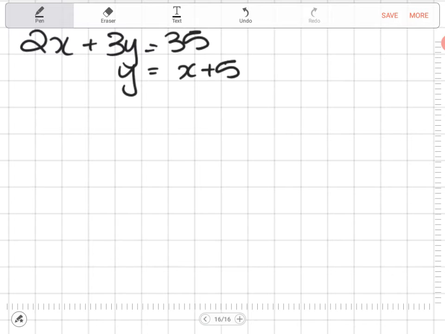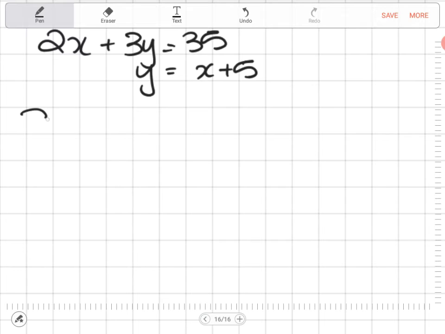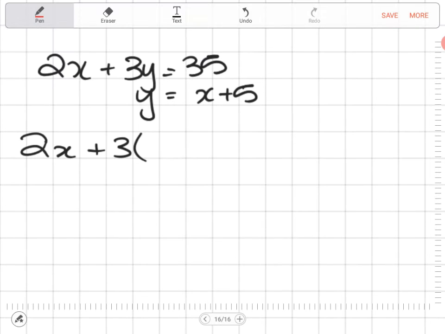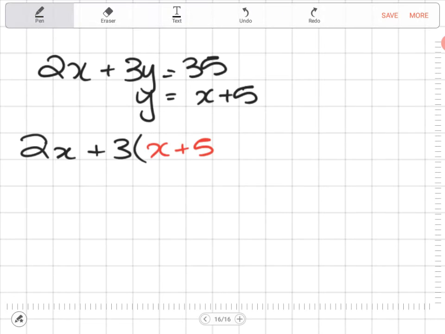So again we're going to substitute that y by x plus 5. So we're going to write down the equation as it normally would. So 2x plus 3, open bracket, replace the y with x plus 5, and that is equal to 35.